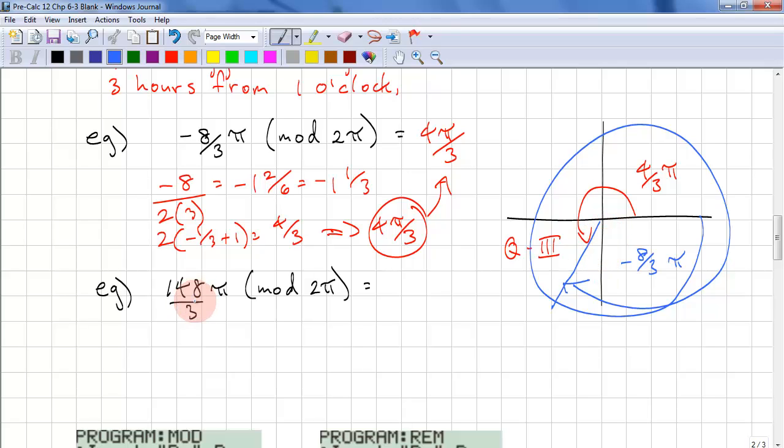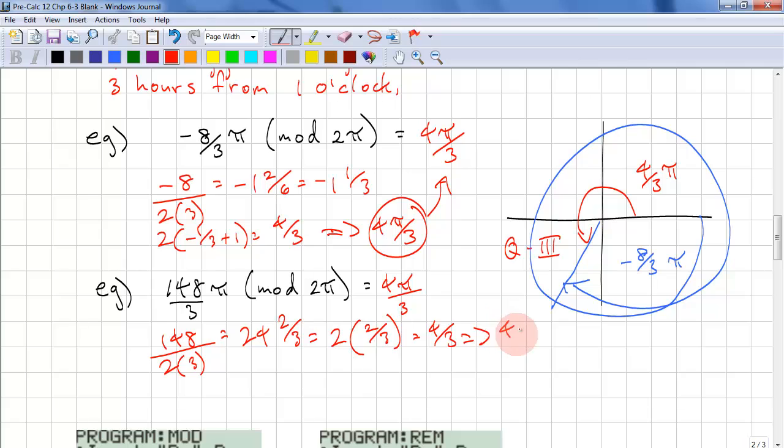But what if you have a really big number? We take 148 divided by 2 times 3, so we get 24 and 2/3. So we take 2 times 2 over 3, and we get 4/3.